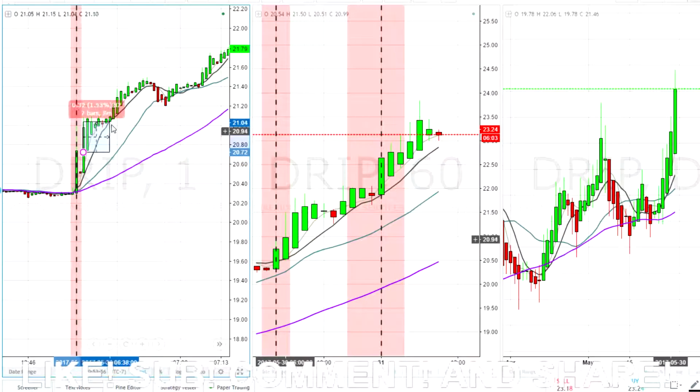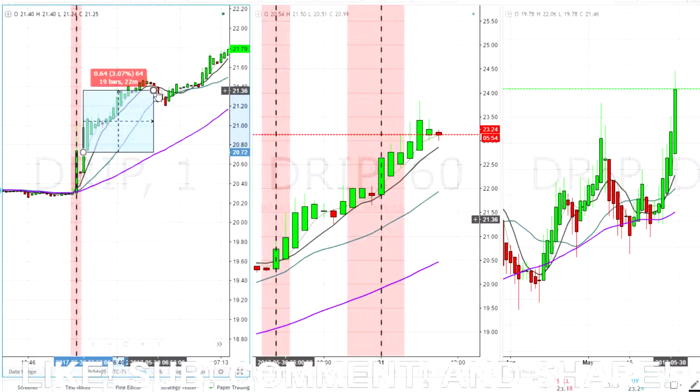Now if you have something like this, bull flag continuation, little bull flag, and then you start having this breakdown, now you have the opportunity for the first time the stock pulled back on the 18 line. Now you have an opportunity to take home.